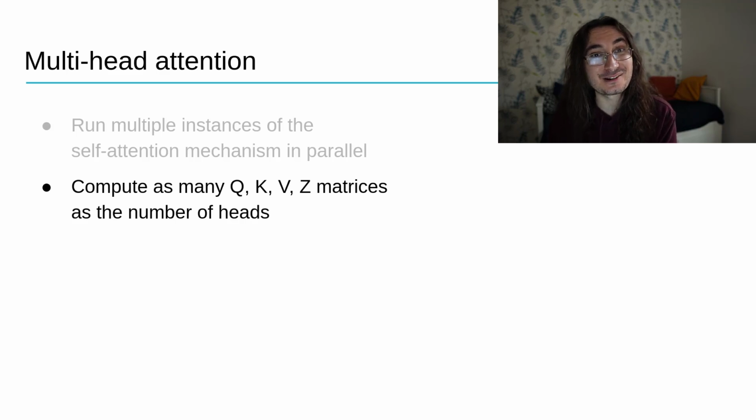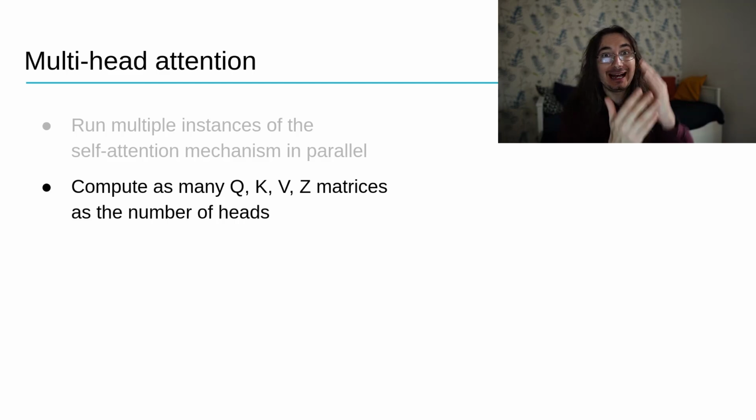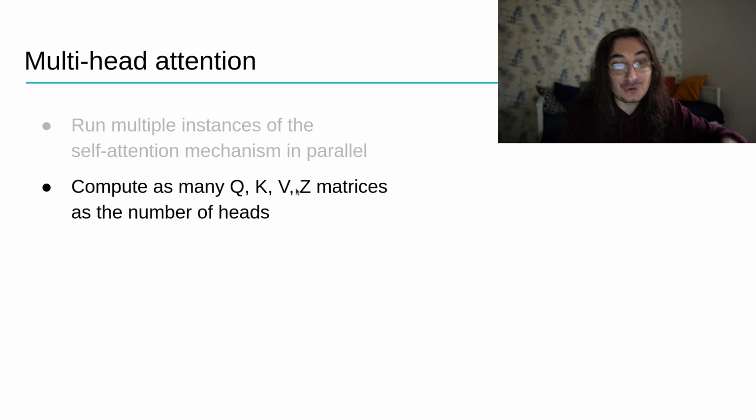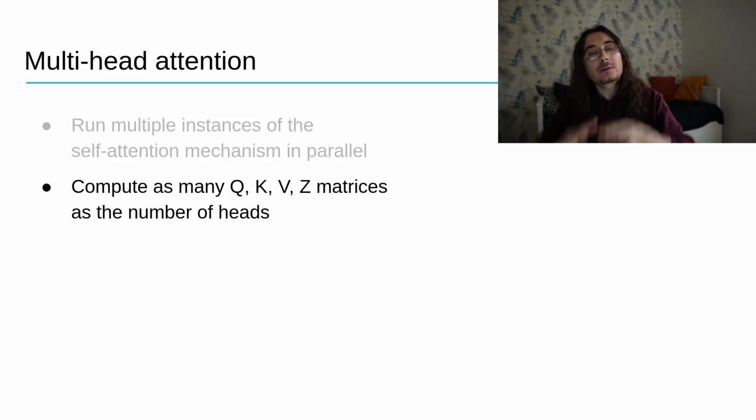Of course, this comes with quite the overhead in terms of number of matrices, because now each attention head is going to have its own Q, K, V, and Z matrices, not to count the weights for Q, K, and V. So each attention head is going to have its own number of independent matrices.